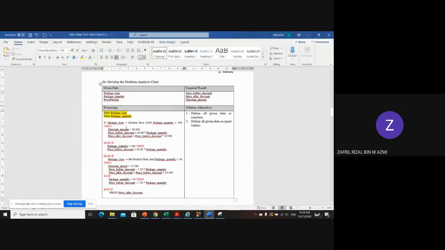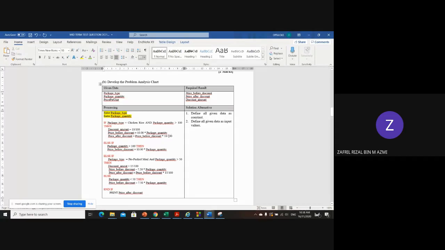Okay, so this one, if correct, discount is 10%. So this is price before discount, correct? Price after discount, price before discount. This is the wrong equation. If you do it like this, you only get the price of 10%.